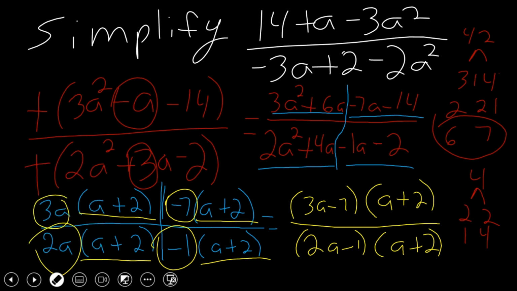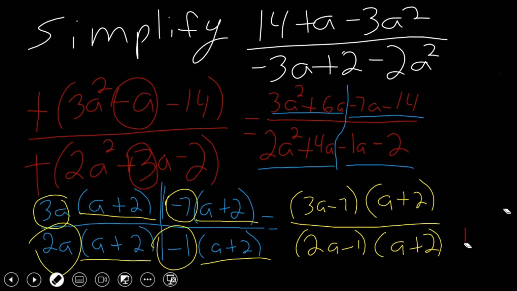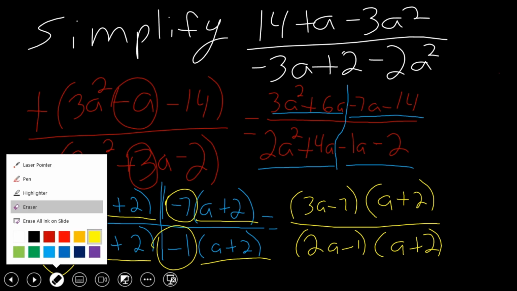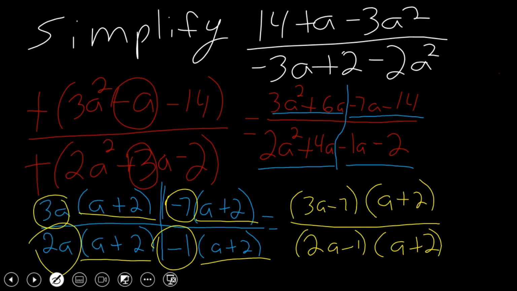I'm going to have to erase this stuff over here so I can have a little bit more room to write my final answer. So now the a plus 2 cancels out, and so we're just left with 3a minus 7 over 2a minus 1, and that is our answer.